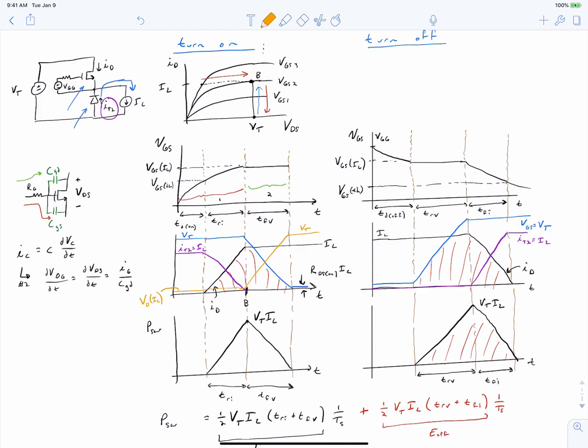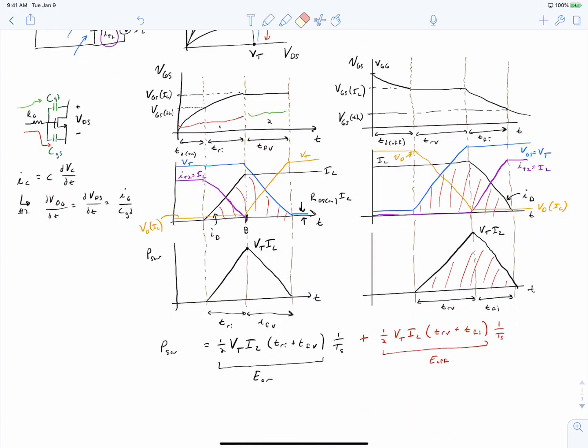So initially, the diode has the complete drain source voltage across it, and then it decreases as the drain source voltage of the MOSFET increases until we get again to VD of IL.